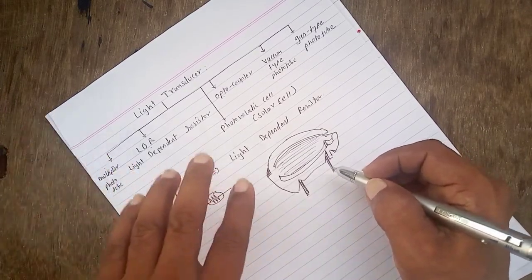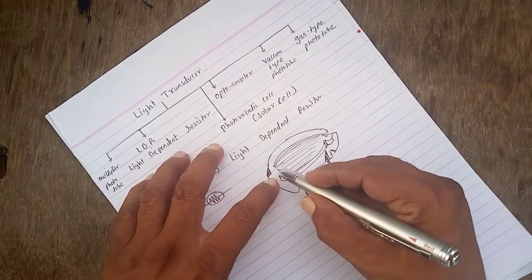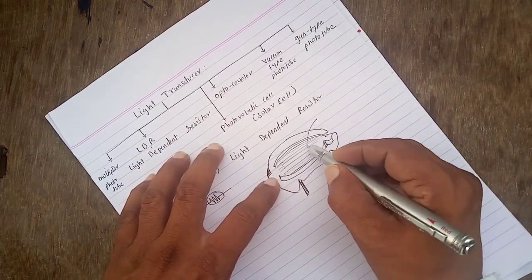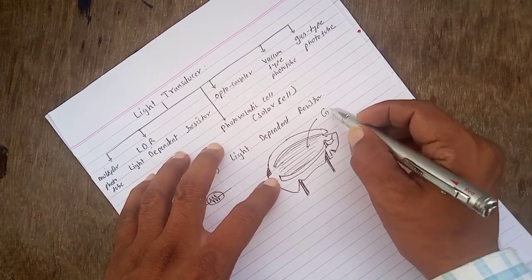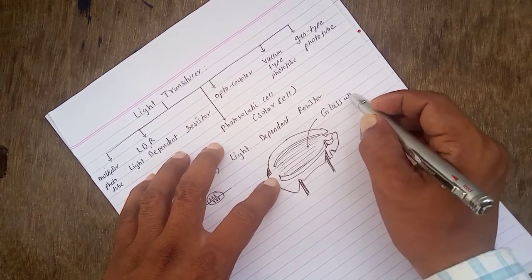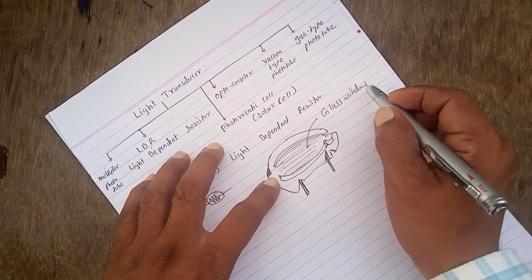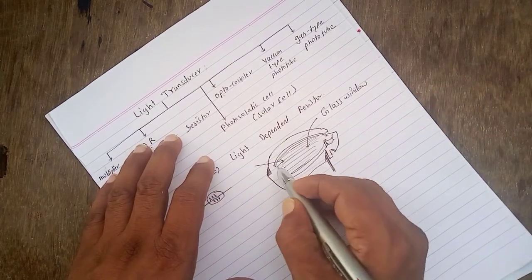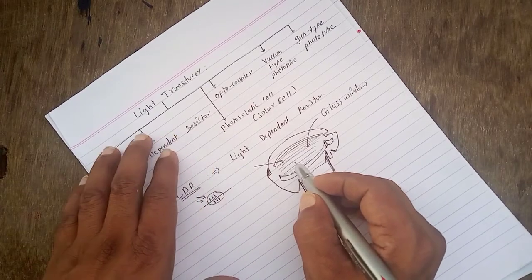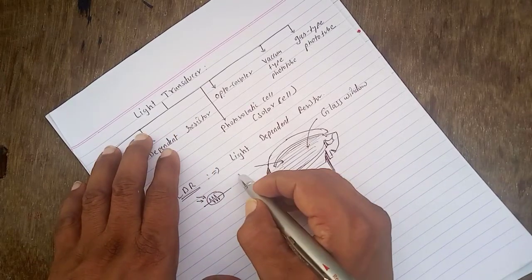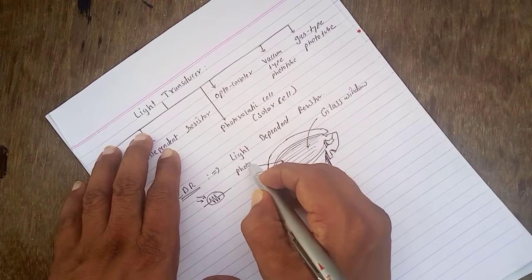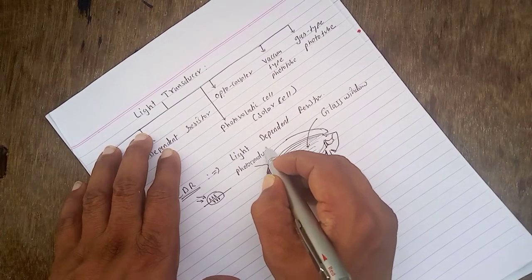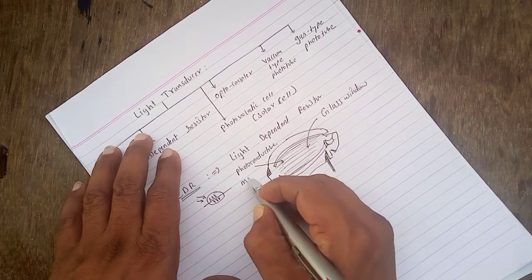Now you see this part you will be observing, it is a glass window. And the lines you are observing here are a photoconductive material.